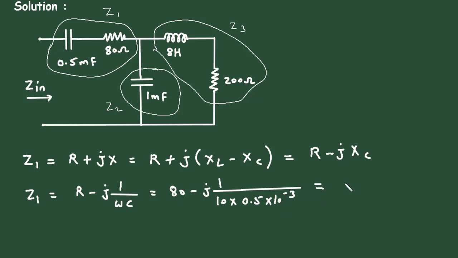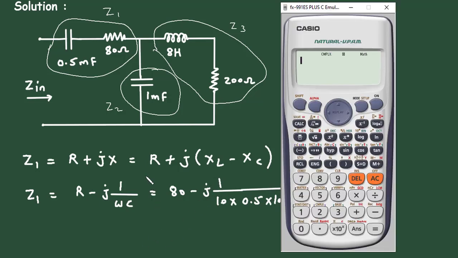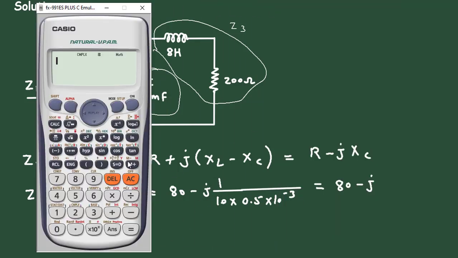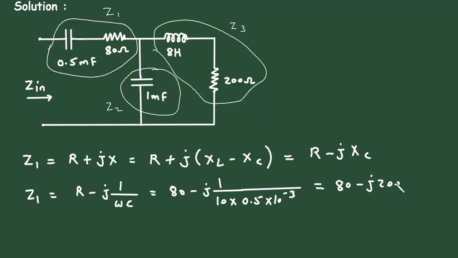If we simplify this, it will be 80 minus j, and this will be 1 upon 10 into 0.5 into 10 to the power minus 3. So it is 200. Let's say this is equation number 1.